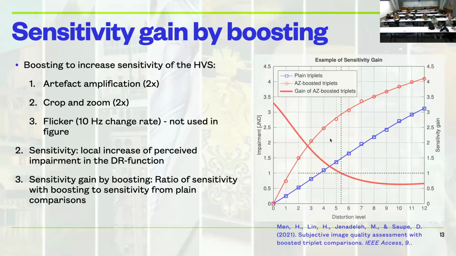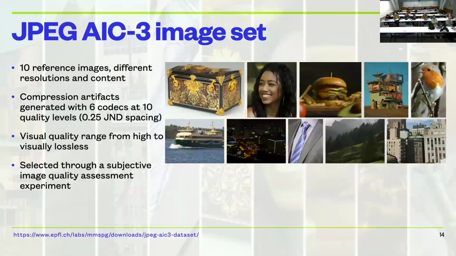And you can see the boosting technique works well for very low distortions and not so well for the higher distortions. So it is suitable for our task at hand, where we would like to assess the quality of very high quality images. Okay, so then there was a call for proposals, and after the call for proposals, we prepared the image set that would be useful for such studies.